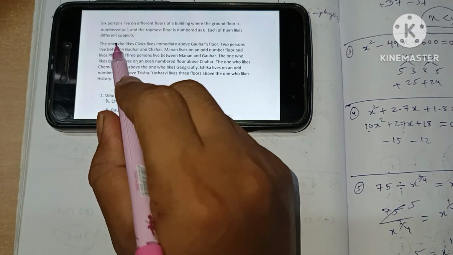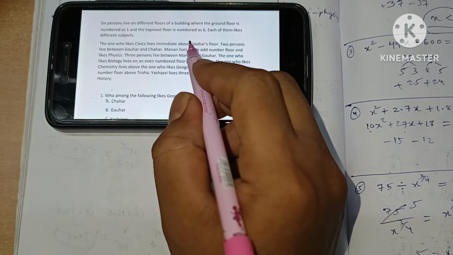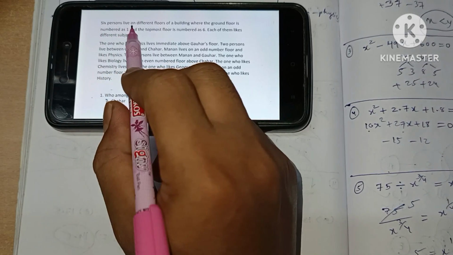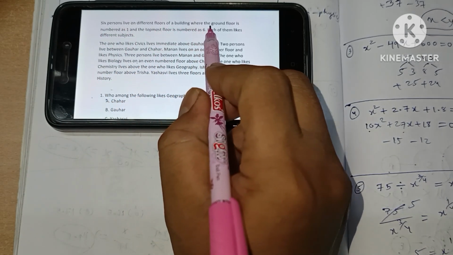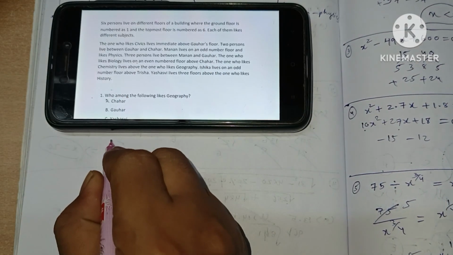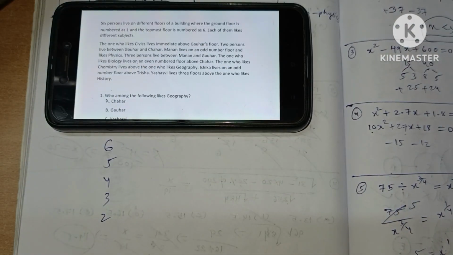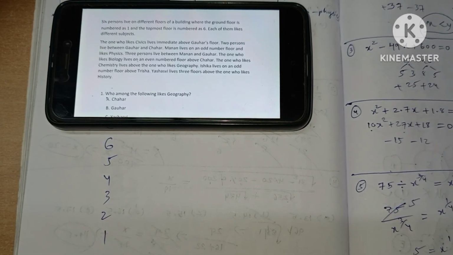We are going to see a previous year asked reasoning puzzle. Six persons live on different floors of a building where the ground floor is numbered 1 and the topmost floor is 6. So first we will write 6, 5, 4, 3, 2 and 1.